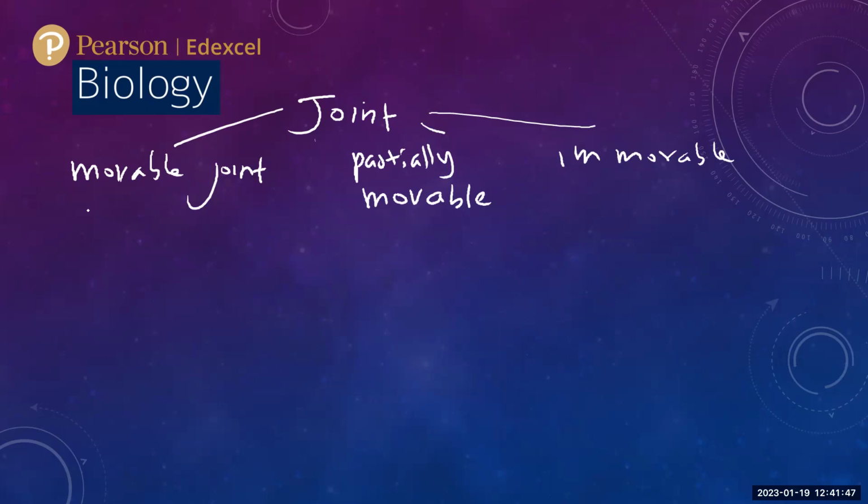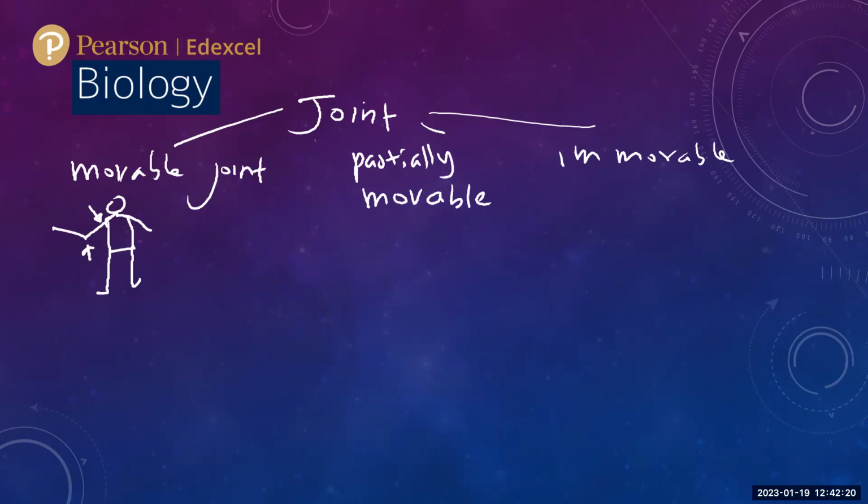Right. If you take one example for movable joints, the joints between the shoulder and the hand, this joint is movable. And also the elbow joint is also movable.